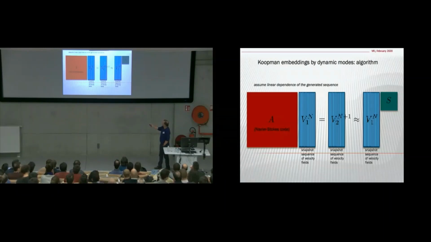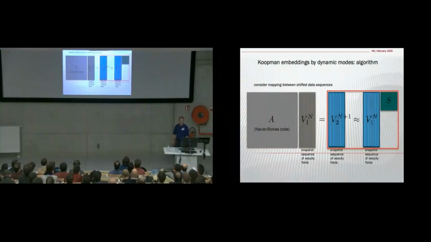If you leave out the middle part, then this S should capture the main dynamics of the A. But we don't have A. So what we do is we cut out this part and just work with our data and still get the S of it out of the data. Not by decomposing A, but by how A acts on data. So we concentrate on this thing.